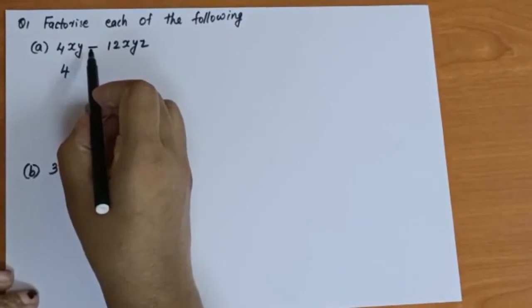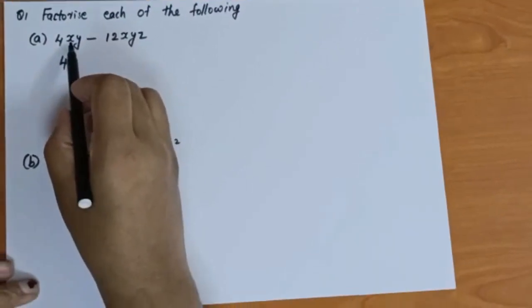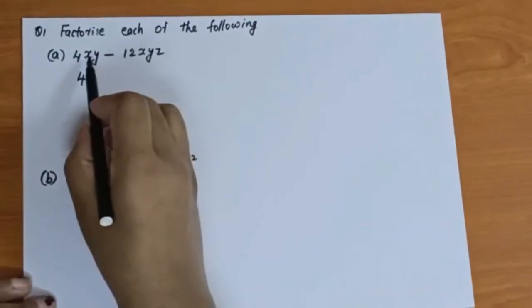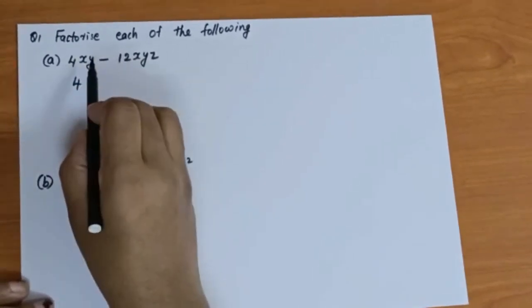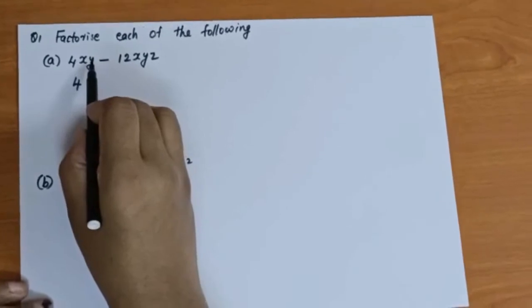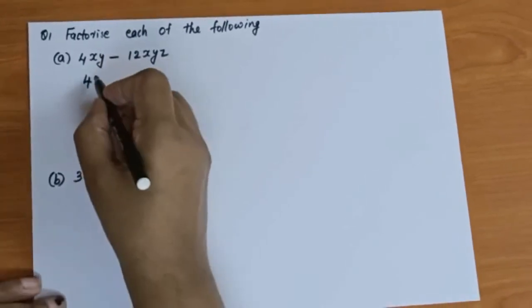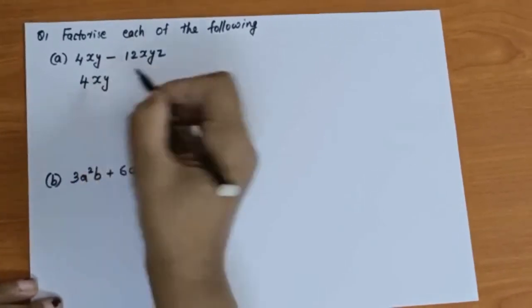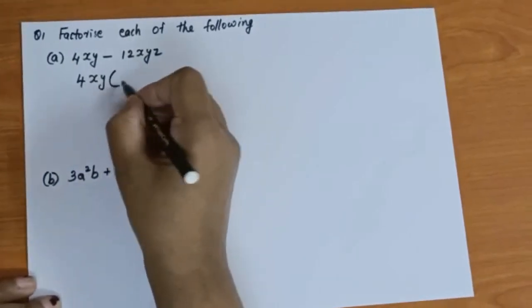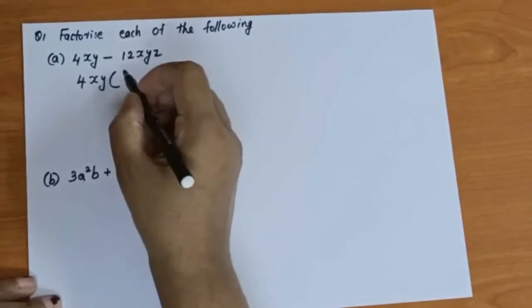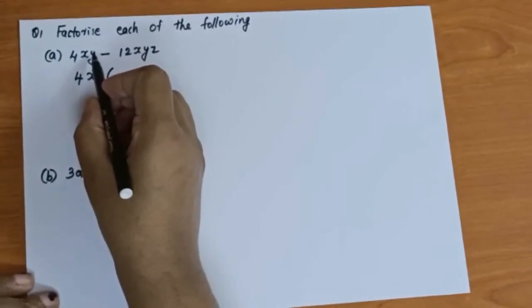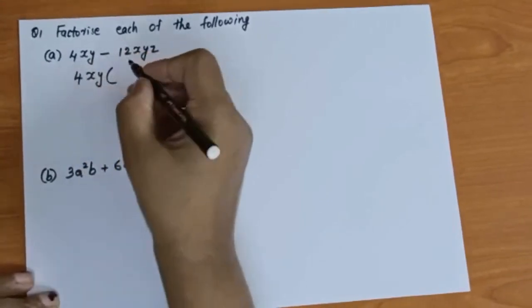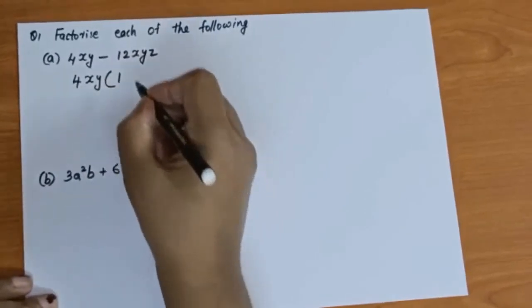And the letters here, xy, here xyz. So x is present in both the terms, and y is also present in both the terms. So we can take x and y outside, and we are going to put a bracket. When I am taking 4xy, from the first term there is nothing balance, so we can keep 1.